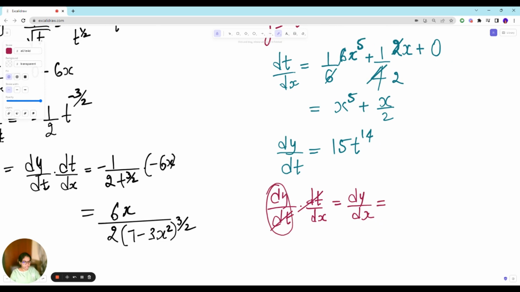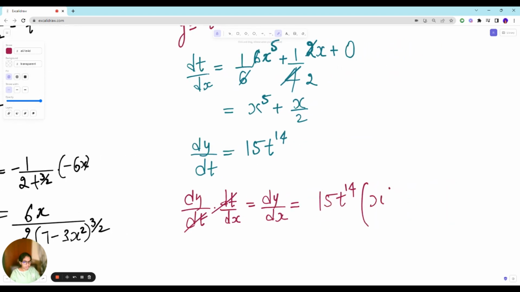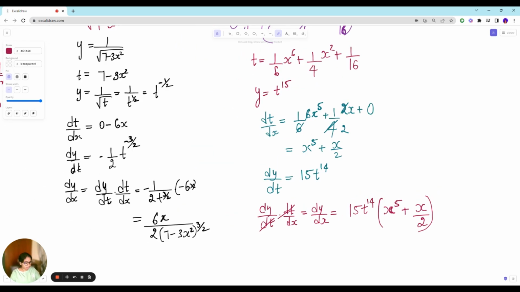Dy by dt is what? Dy by dt is 15t power 14 into dt by dx is x to the power 5 plus x divided by 2. What is the last step? Resubstitute t value.